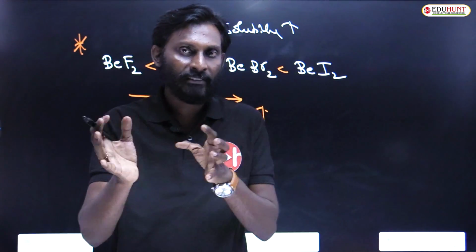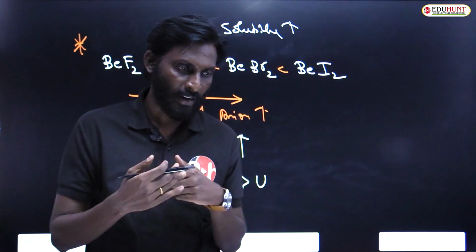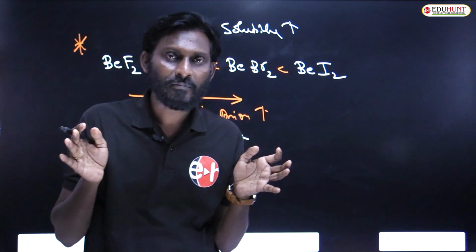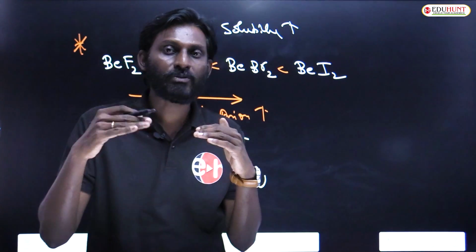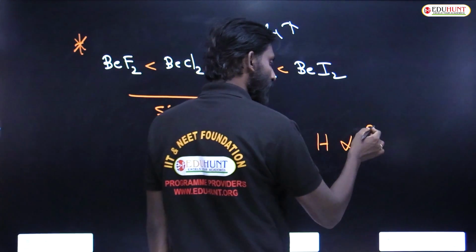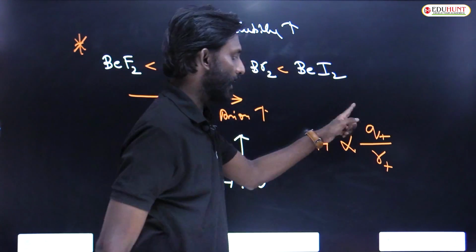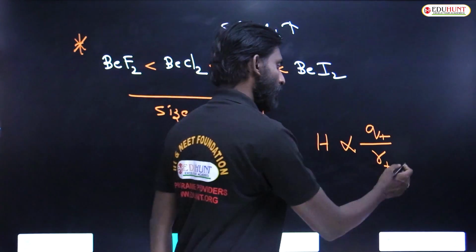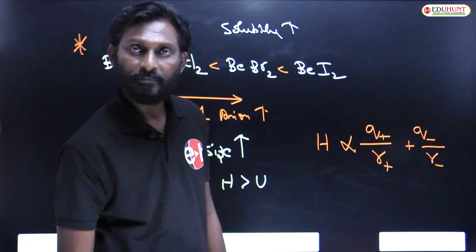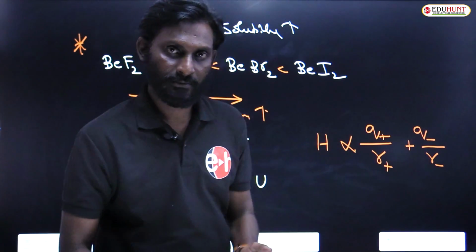Why, sir? Why, as the difference increases? I have told in the case of hydration enthalpy, if the difference in the size increases, what happens to the hydration enthalpy? Hydration enthalpy depends on charge on cation upon radius of cation plus charge on anion upon radius of anion. If the difference in the size of cation and anion is large, what happens?